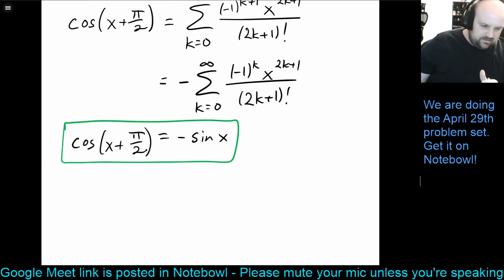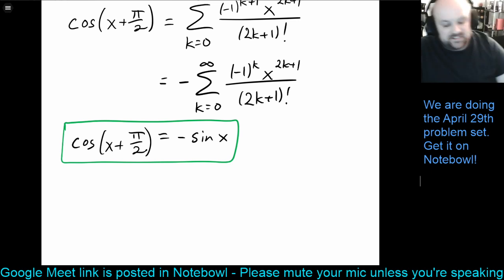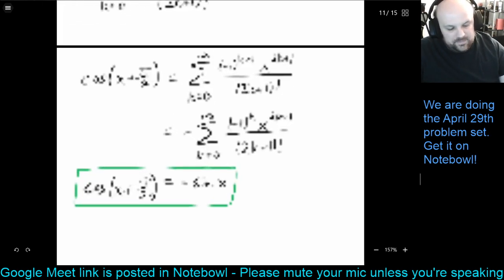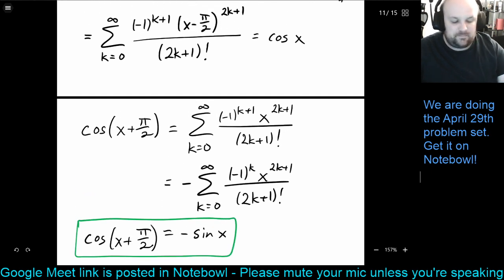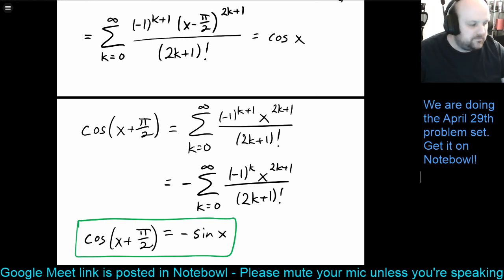We plug in 0. Oh, negative sign. Never mind, we're good. I was like, that's upside down. Yeah, so if we take cosine, like imagine the graph of cosine, and if you move it to the left by pi over 2, you get exactly negative sine. That's what this verifies for you. So centering Taylor series at different values allows you to get some interesting results.